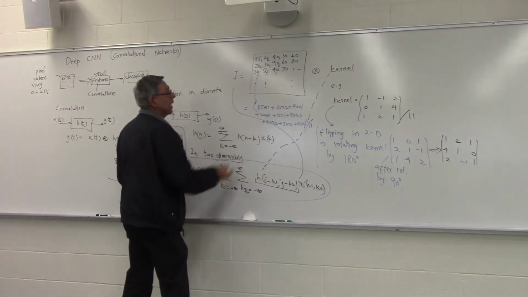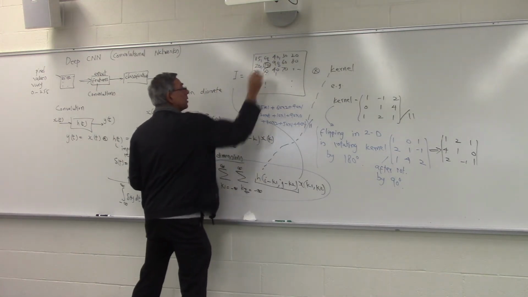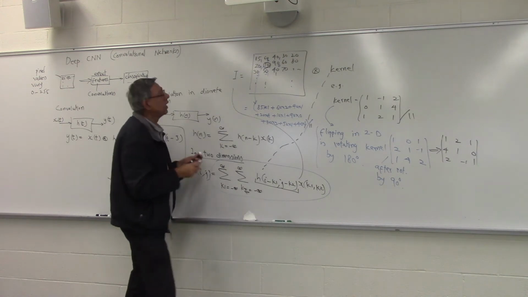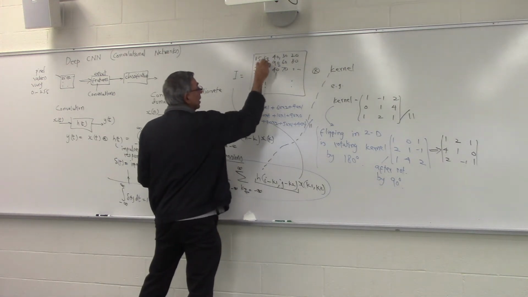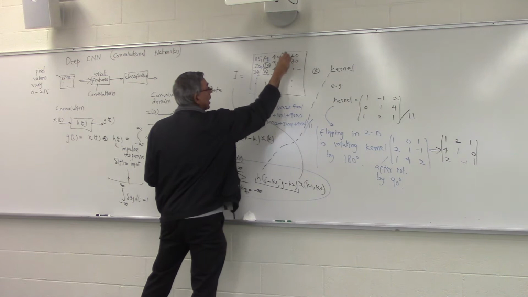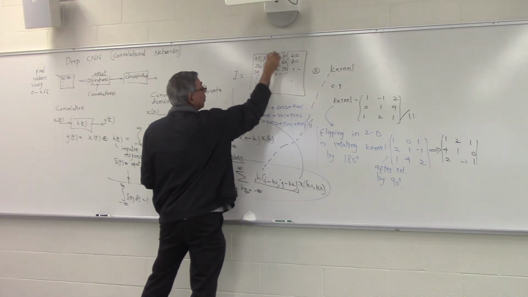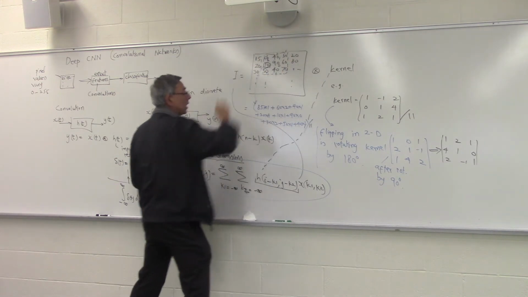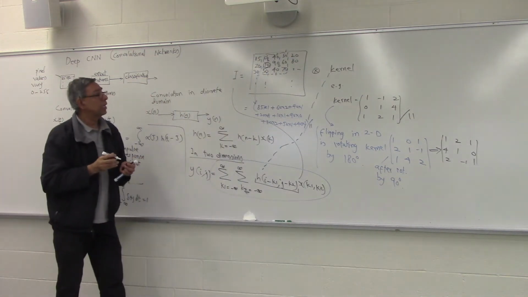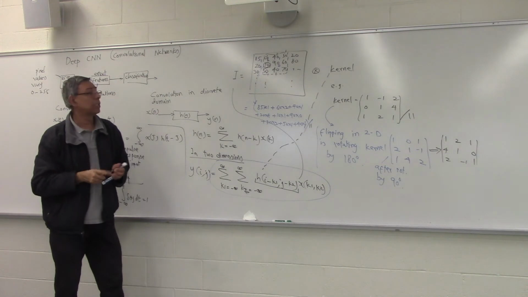Okay, so that would be the answer produced right in this spot, whatever that number is. And then we move the kernel to the next spot, do the same thing, multiply all of these by 1, 2, 1, and so on, right? Okay, so anyway, in short, it will end up producing the answer.